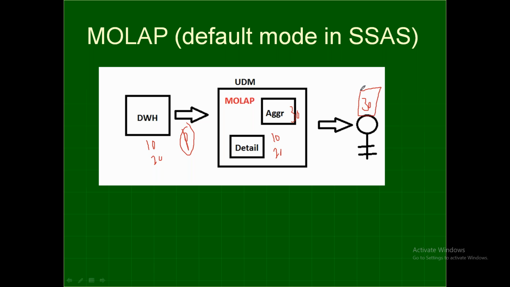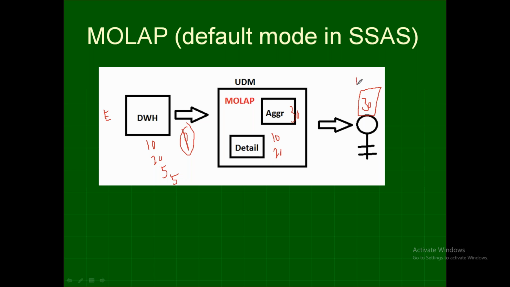Now, after 1 day or after 10 days, you are going to be loading the data with the help of ETL, because the SSIS package will run. ETL is going to be getting the data. Data got loaded. So one more 5 got added, one more 5 got added. Now, until and unless you process the cube, you don't see this data: 10 plus 20, 30, 35, 40.